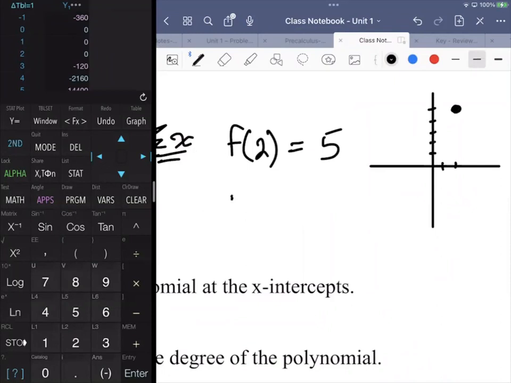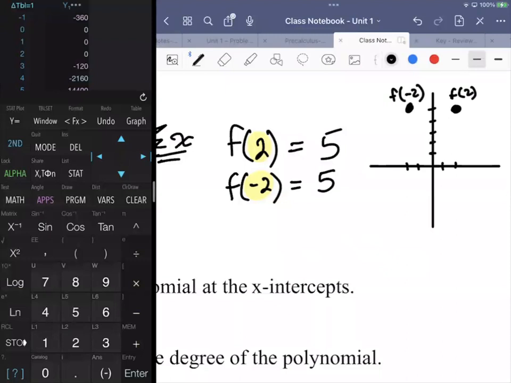Now, if I figure out f of -2, which is what I would get if I just negated the 2, instead of going 2 units to the right, I'd be going 2 units to the left. If that also happens to be equal to 5, that means I have a mirror image of the first point, f of 2, at f of -2.